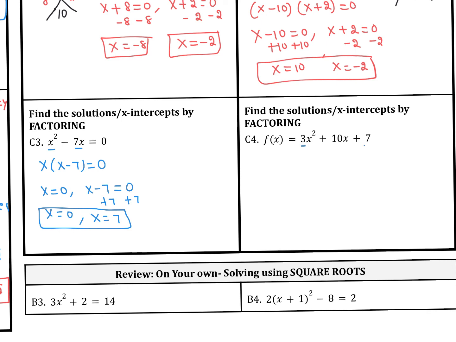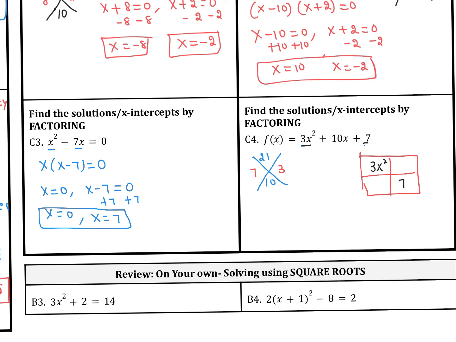For this section, you're using the cross and box method. Multiply to be 21, add to be 10. And you're going to use the box. Inside the box, 3x squared and 7.